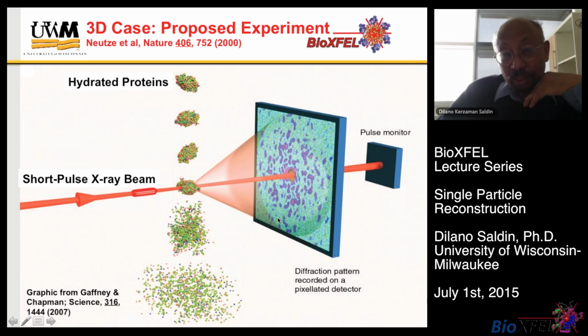Each particle gives rise to a diffraction pattern, which is measured, and you measure about 100 of these diffraction patterns per second. And as these different particles pass through, we see diffraction patterns of the individual particles in random orientations.